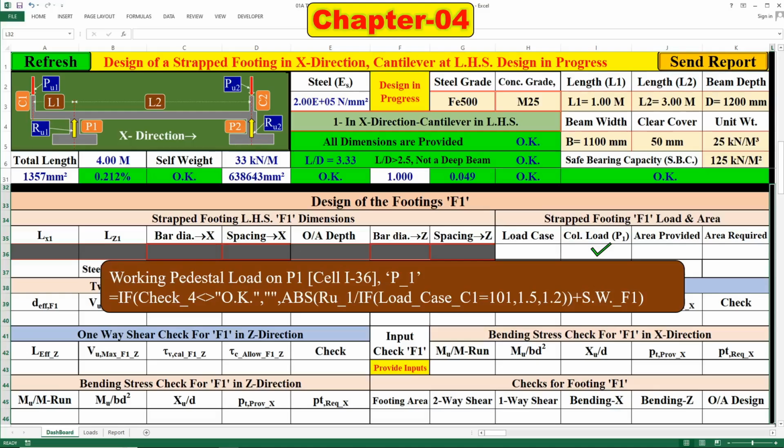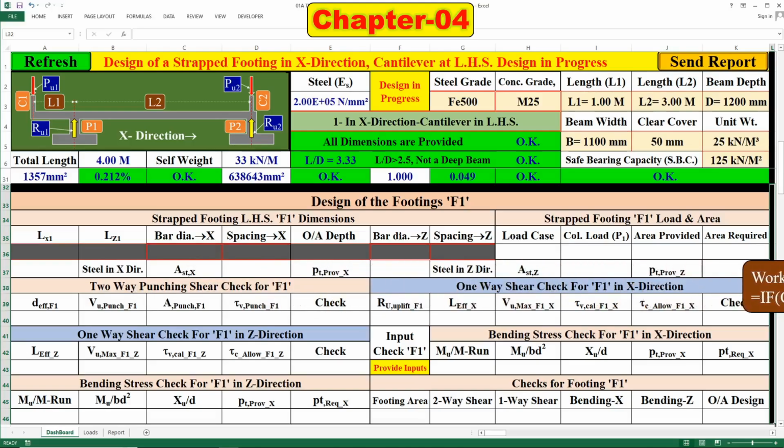Otherwise, it will calculate the absolute value of RU_1 divided by 1.50, if load_case_C1 equals 101, or 1.20 otherwise. We adopt this approach because we need to convert the factored load into a working load. Finally, we add the self-weight of the footing F1.